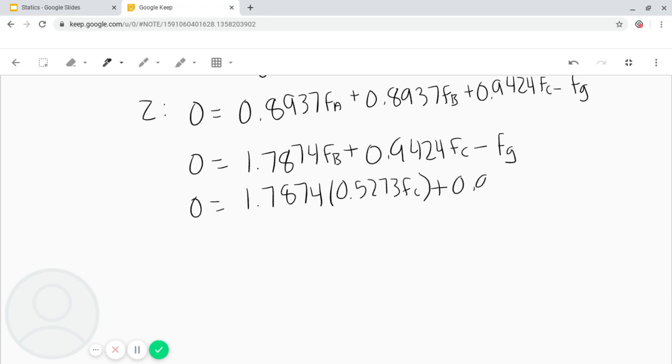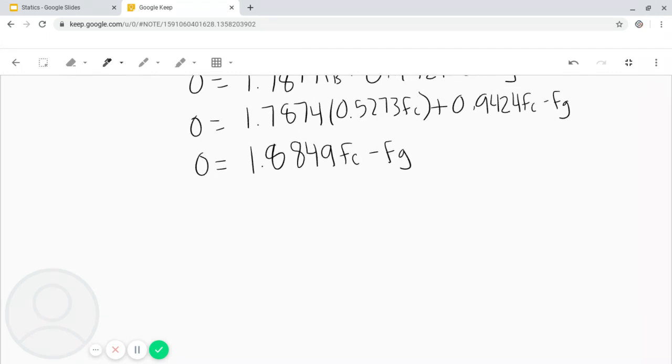plus, and we can replace that, so that'll end up with 1.88449 Fc minus Fg.